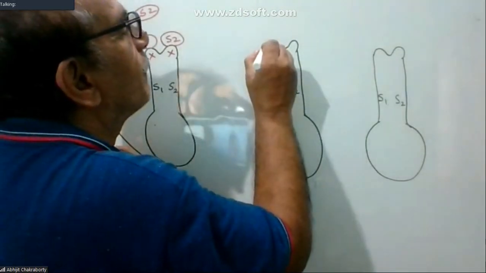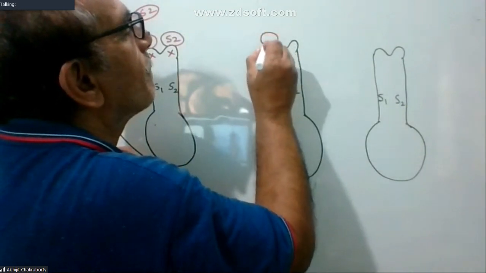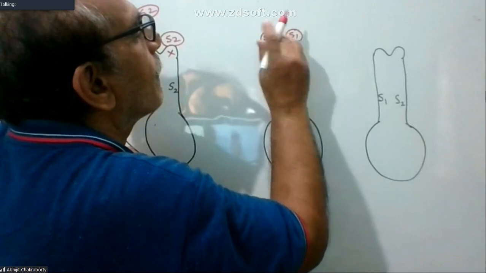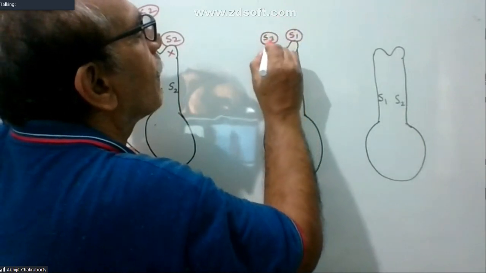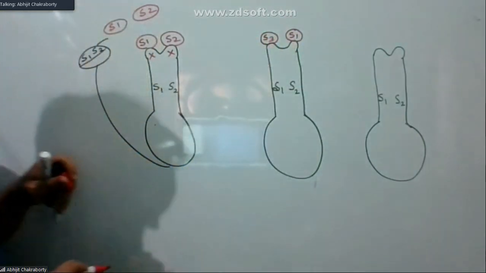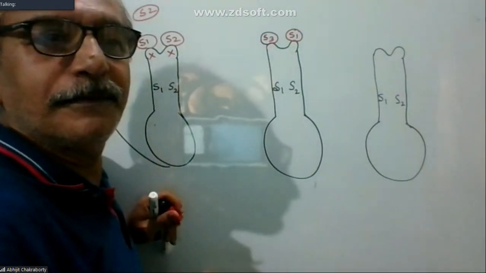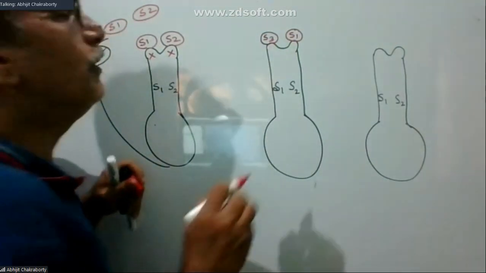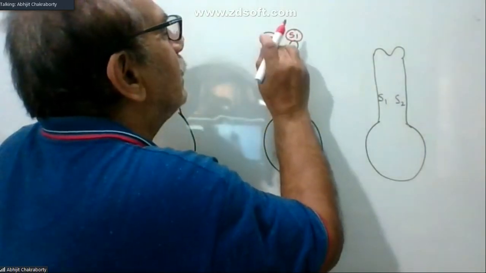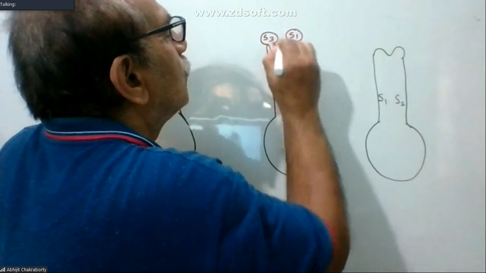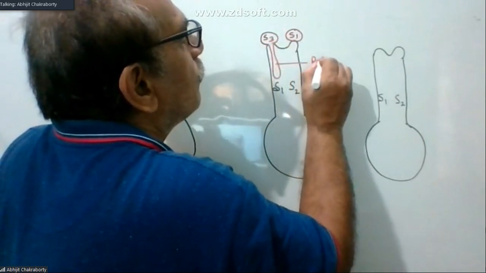If S3 and S1 are landed onto the stigma, then here what happens? The S3 will germinate to form pollen tube.